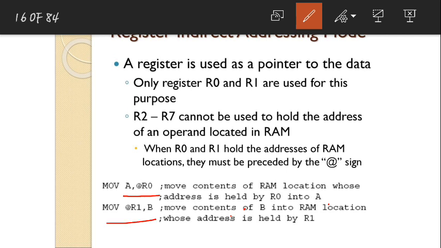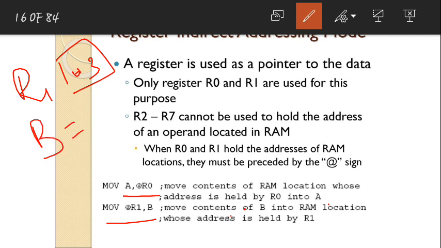Now in this case what is going to happen? In the same way, consider R1. Inside R1 you have 03, and inside B you have 99H. Now see this instruction, MOV @R1, B. This @R1 is at the destination side and B is at the source side.